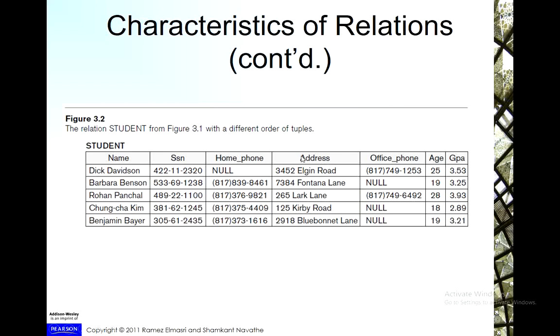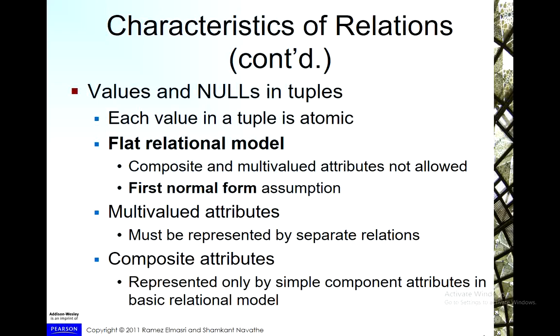There is an address, a full address. So I would say this name, home phone, address, and office phone, all of them can be said to be composite attributes. That means an attribute that can be further divided into other attributes to make our life easier for searching and retrieving data from the database after we implement it in any database management system.